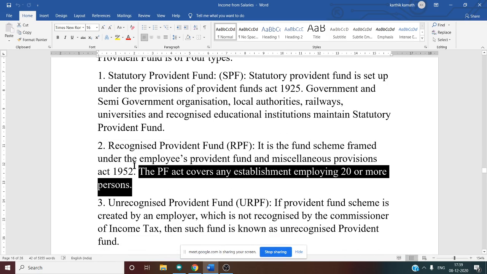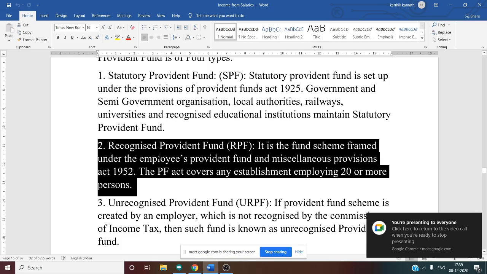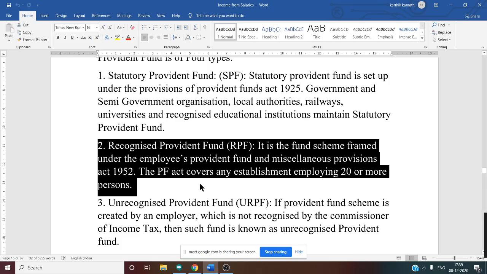Similarly, there is RPF, recognized provident fund. From the point of view of 16 mark problem, this is very important. Recognized provident fund is a fund scheme framed under the Employees Provident Fund and Miscellaneous Provisions Act 1952. Later, it was very popularly known as PF Act or Provident Fund Act, that covers any establishment employing 20 or more persons.